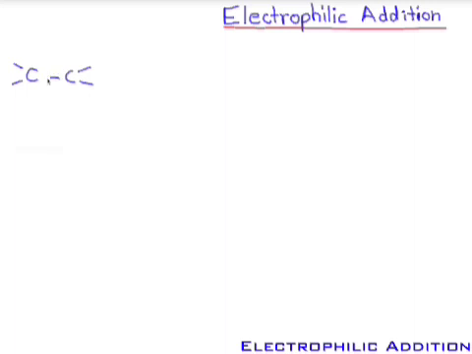If you like, there is a sigma component, and then you have this side-to-side overlap region above and below the plane of the ring, which is delta minus, or shall we say, electron rich. This pi cloud of electrons will not attract nucleophiles. Negatively charged molecules or groups will be repelled by the negative charges on the pi cloud.